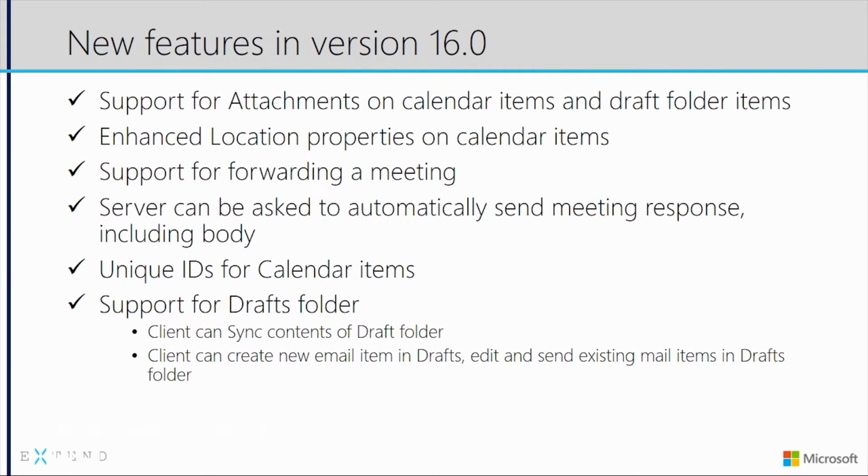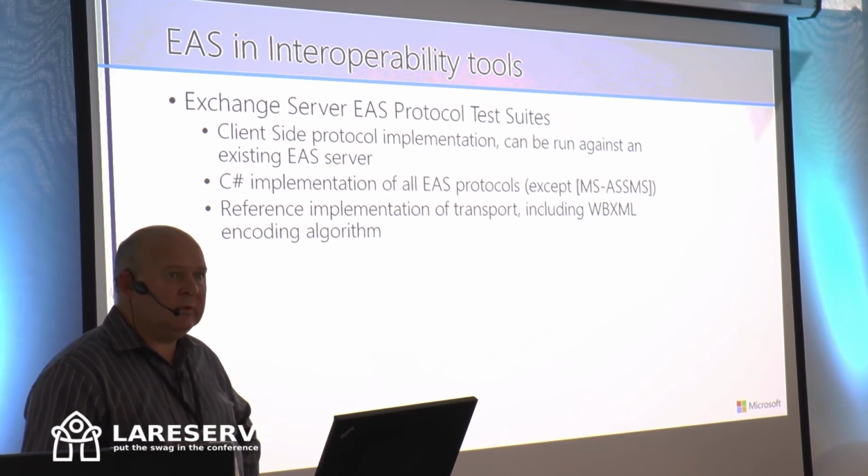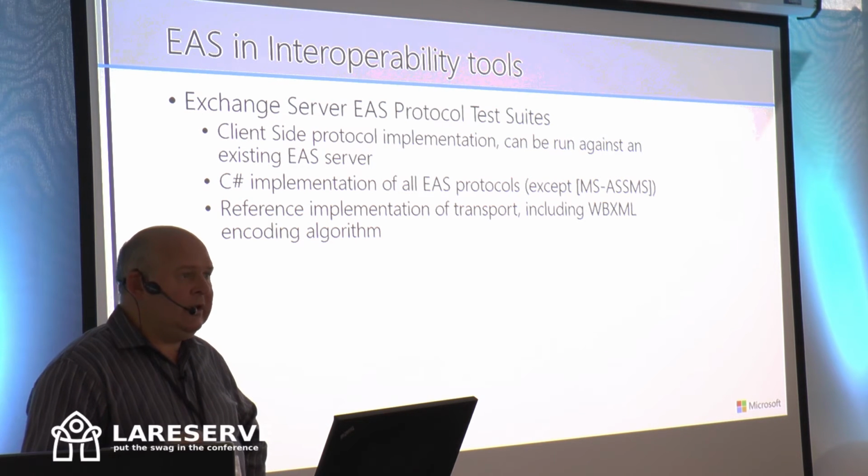Version history. What's new in Exchange 2016? I think the most interesting is support for the drafts folder. It's amazing that we didn't have support for the drafts folder before. Those protocols each have a different purpose. MAPI is what Outlook uses for very extensive and rich data.